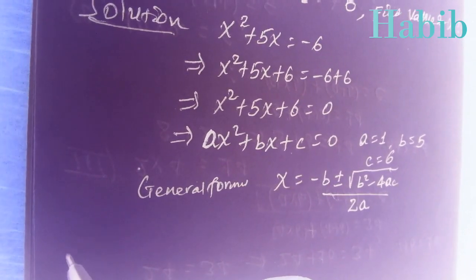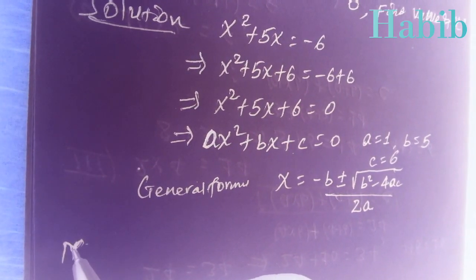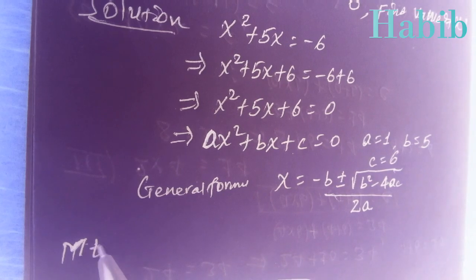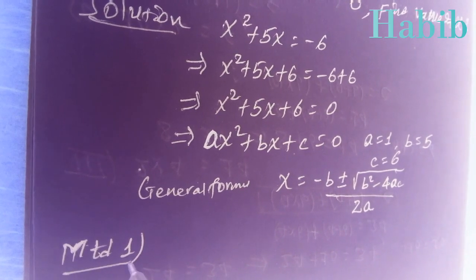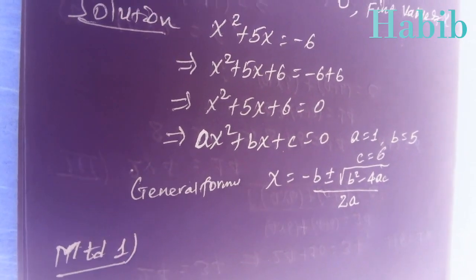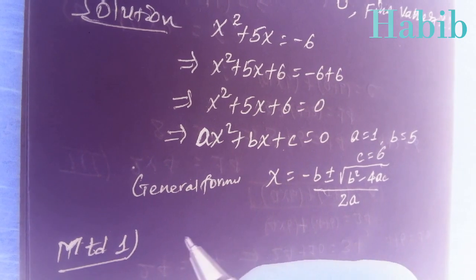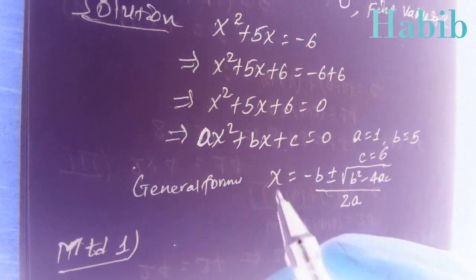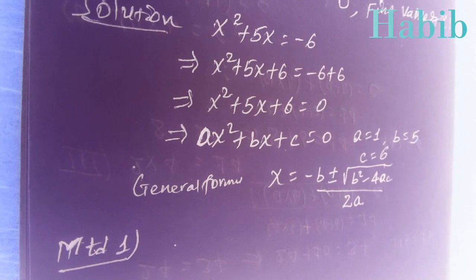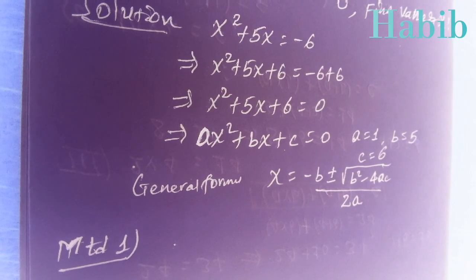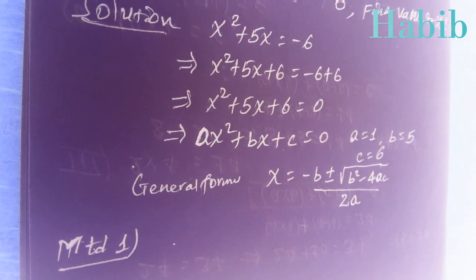Therefore, from this, there is another way of solving a quadratic equation. I'm going to show you a simple and fast method to find the value of x instead of using this formula.